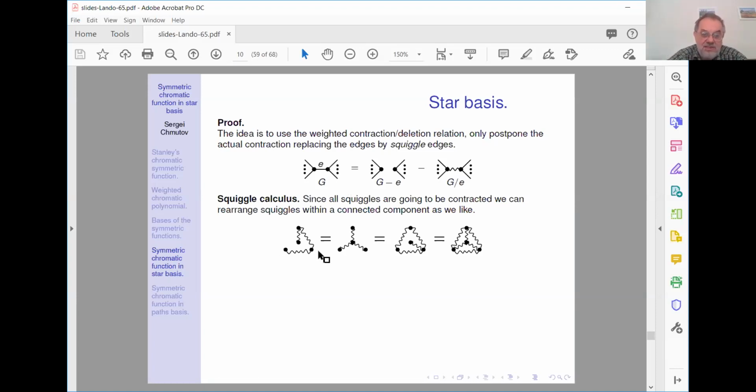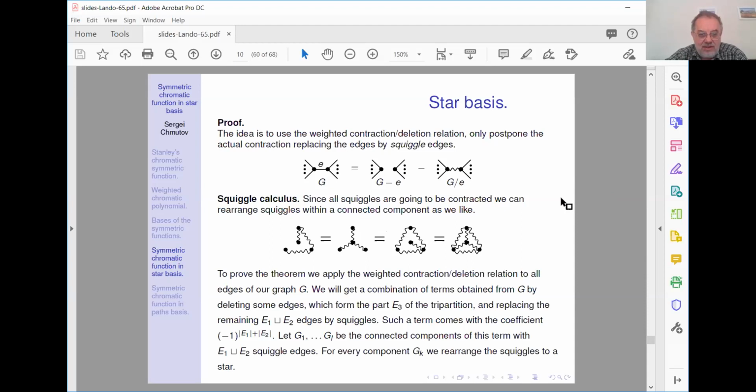In particular, that graph here, all trees are the same. Also, we can make cycles like that. Like this one, a complete graph, they are all the same with squiggles, because again, squiggles are going to be contracted. So I do not basically care about these, but I will keep them as squiggles.